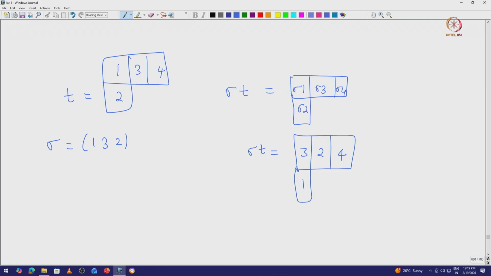So Sn acts on the set of lambda tableaux transitively. I will leave this as an exercise.